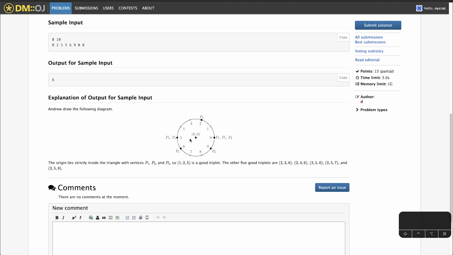Because let's say we were at 0 and 4. 0 and 5 is not okay. So obviously 0 and 6 will never work, right? Because the second point has to be somewhere here. Okay, so we're good. But how do we get the ABC?